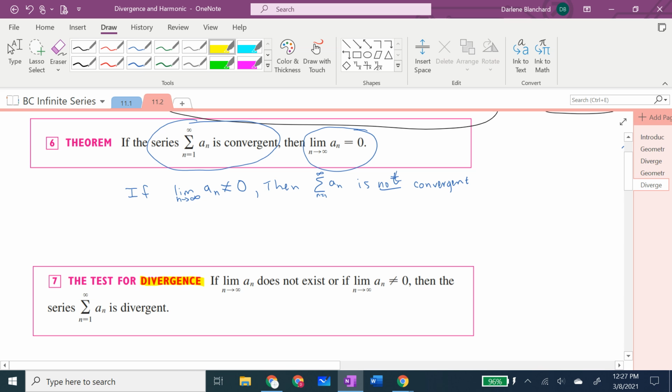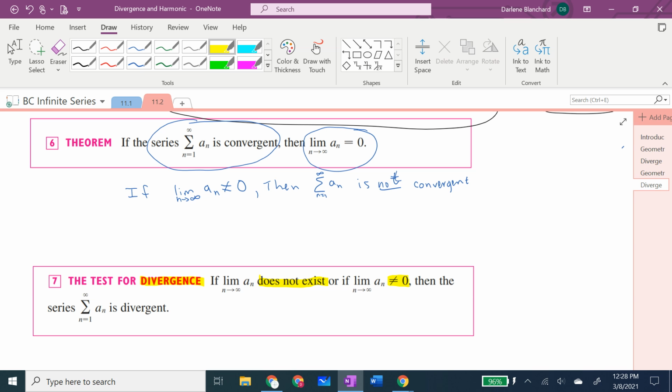This is referred to as the divergence test, the test for divergence, the nth term test for divergence. It goes by several names because it is that important. If you get that the limit is not equal to 0 or does not exist, you cannot have a converging series. Your series is divergent.